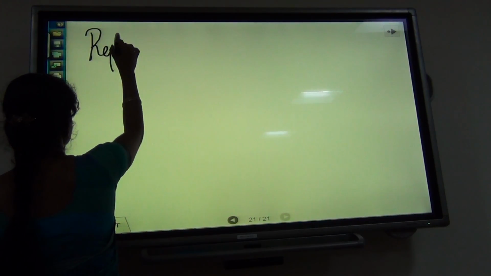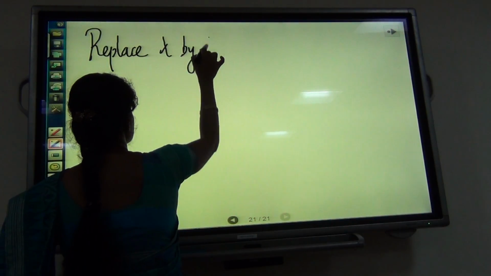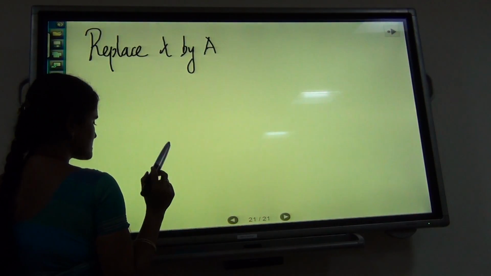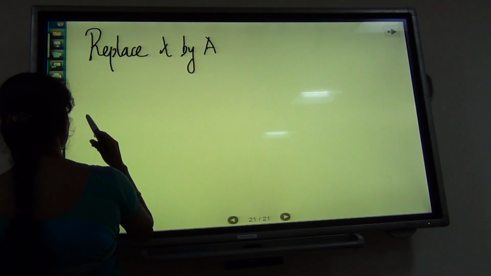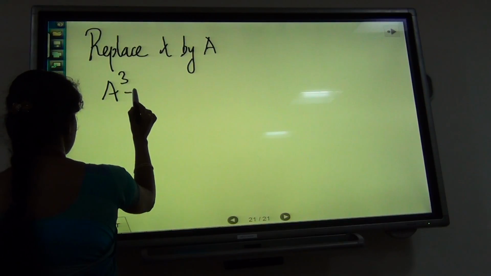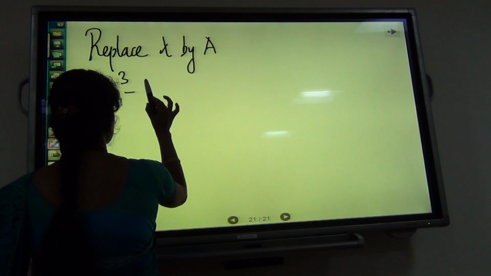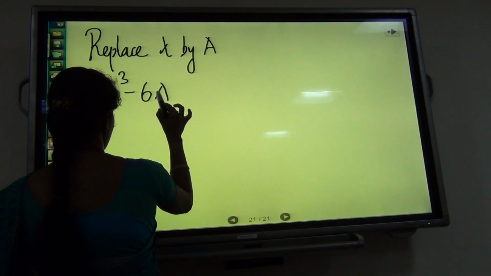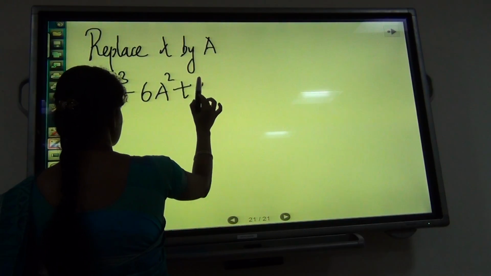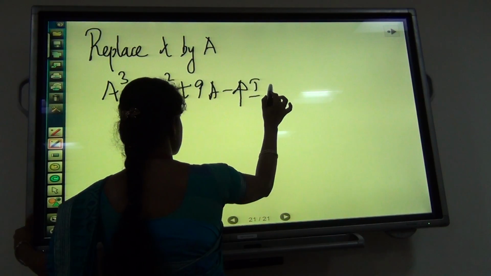So let us replace lambda by A. We can write the characteristic equation in terms of A as A cube minus 6A square plus 9A minus 4I is equal to 0.